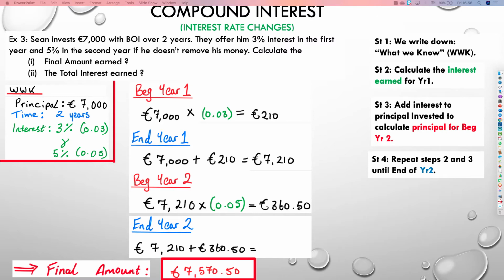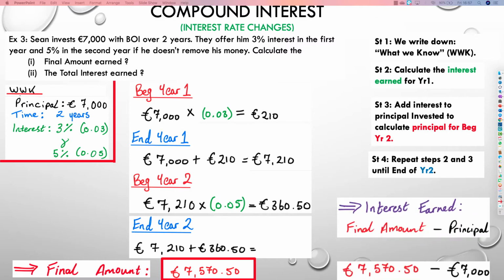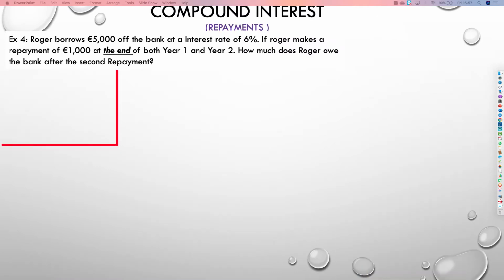Is that alright? So we have to use the year-by-year method, because the interest rate changes. The same thing happens when, for example, you have to make repayments. We can't use the formula if you have to make a repayment as well.